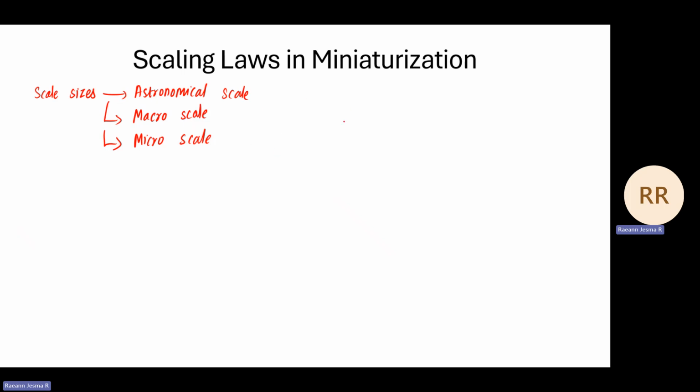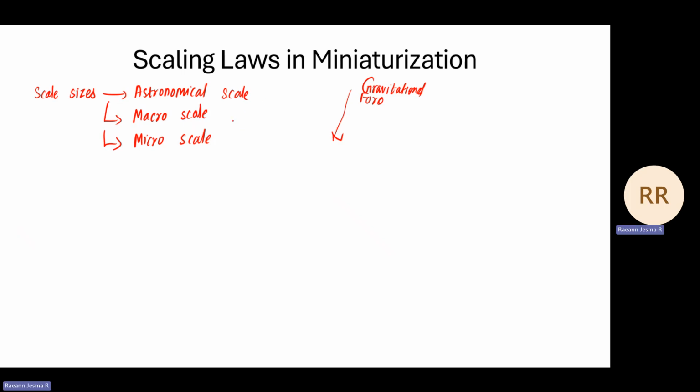For example, if we consider the gravitational forces, the effect diminishes as the scale size decreases. Okay. So they are dominating when we are seeing at the astronomical scale, but not at macro scale or in micro scale.